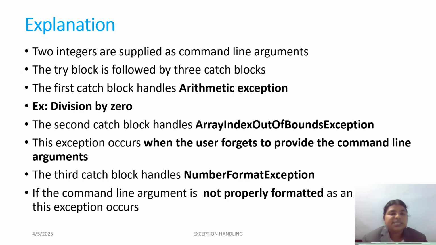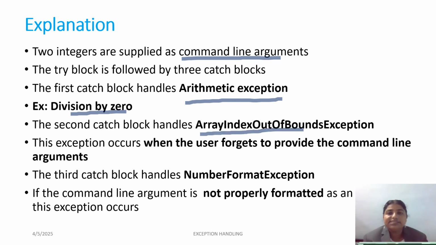So here is the explanation of the above program. Two integers are supplied as command line arguments. The try block is followed by three catch blocks. The first catch block handles ArithmeticException, for example, division by 0. The second catch block handles ArrayIndexOutOfBoundsException.